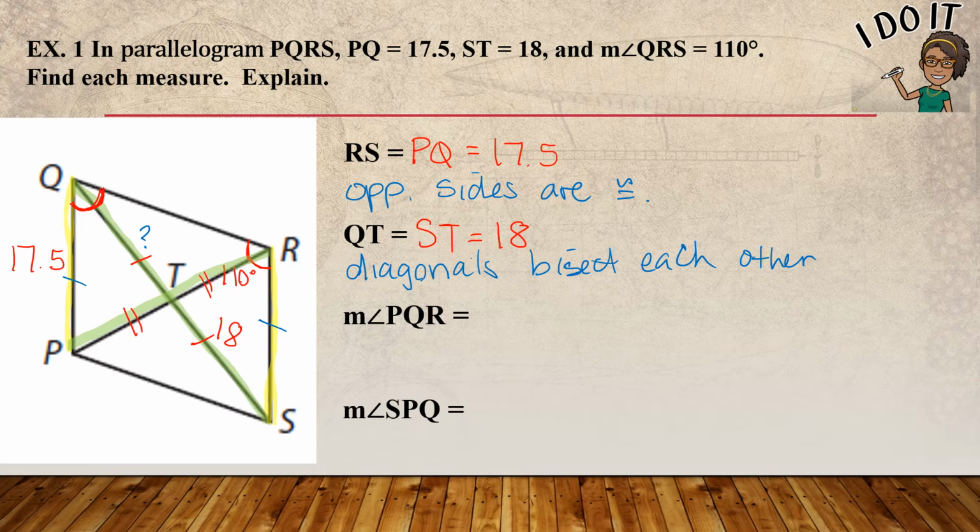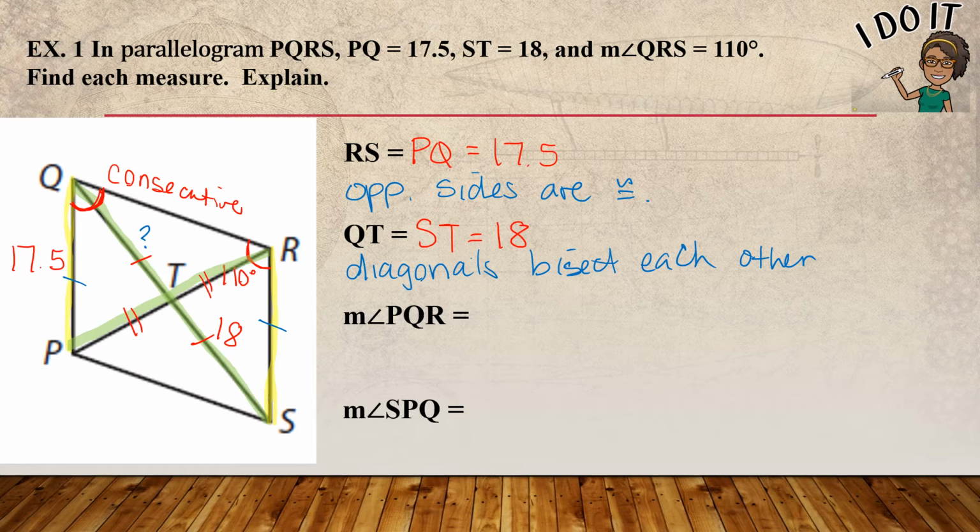So if there are 2 angles next to each other, then I know that these 2 angles are consecutive. And if they're consecutive, that means that they are also supplementary. So that means that PQR equals the sum of, or part of the sum of both PQR and QRS.